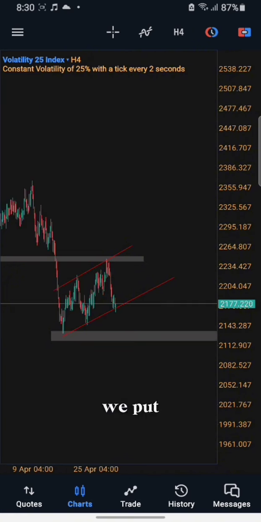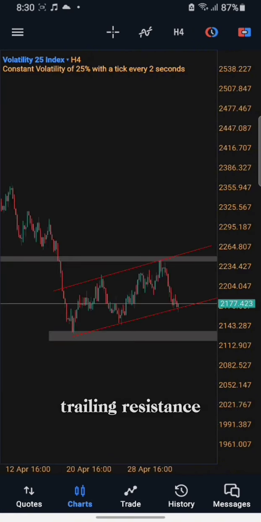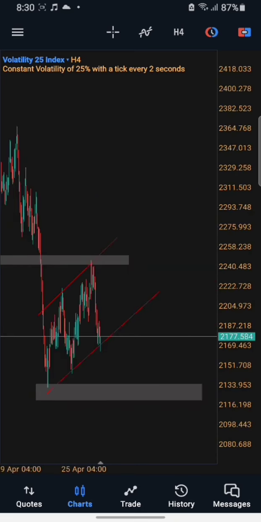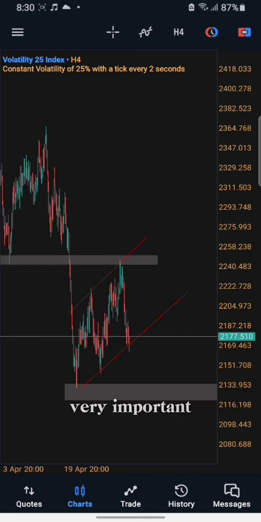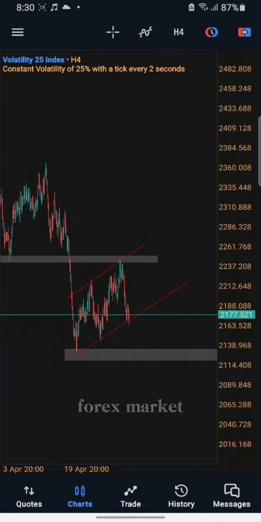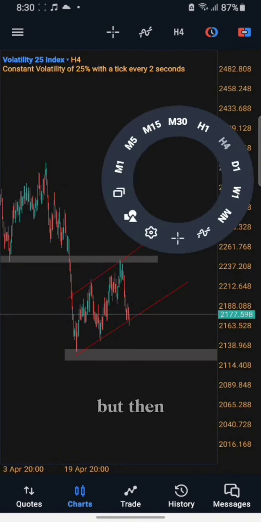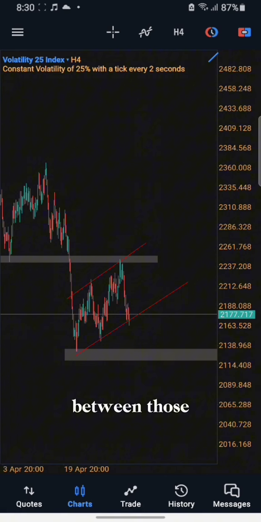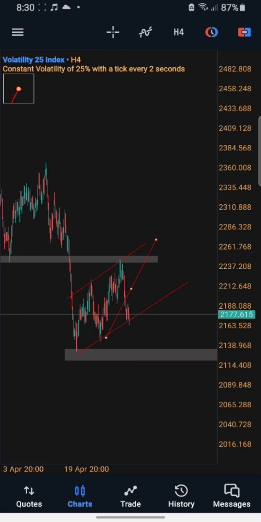And then we put a line that is marking the trailing resistance. Now we are going to put another line that is marking the trailing support. So these two areas are very important, as they are the actual trend line that is being followed by the forex market. But then in this chart, there was kind of another trend that was formed in between those trend lines. So I'm going to draw a pair of trend lines that is marking those two.